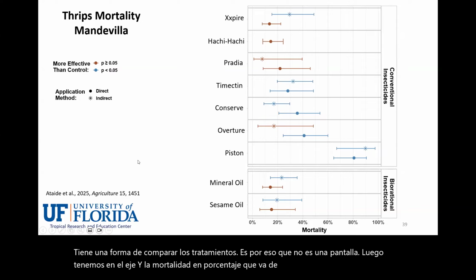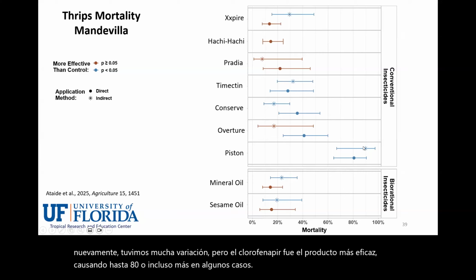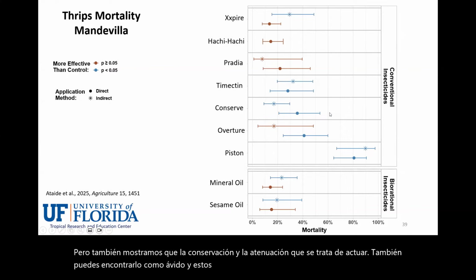And as you can see, again, we had a lot of variation, but chlorfenapyr was the most efficacious product, causing up to 80 or even higher in some cases percent mortality. But we also saw that Conserve and Timectin, which is abamectin, you can also find it as Avid, these 2 were also very efficacious towards thrips in both exposure routes.